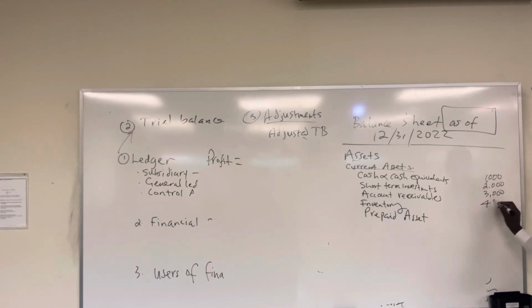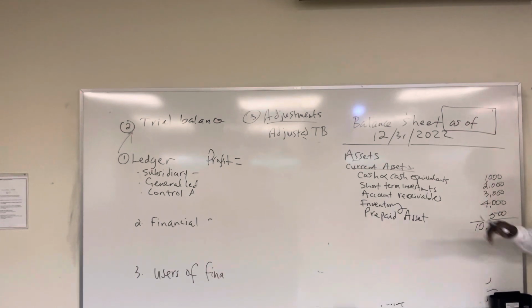Inventory is $4,000. And prepaid asset is only $500. So our total current assets is what? 1 plus 2 is 3, 3 plus 3 is 6, 6 plus 4 is 10, so it's 10,500 in total current assets.